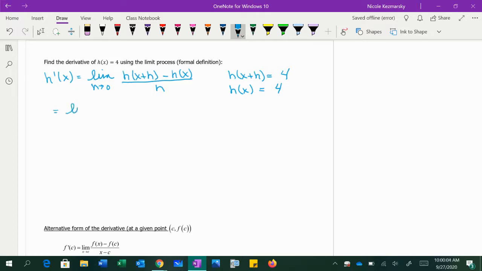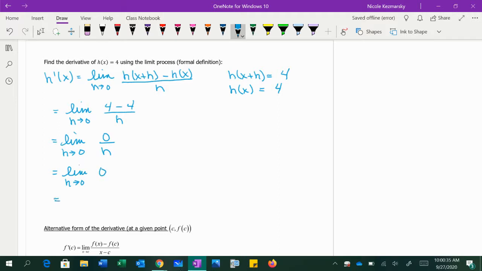So this becomes the limit as h approaches 0 of 4 minus 4 over h. Well, 4 minus 4 cancels out, just like we've had stuff cancel in previous examples. So that gives me 0. There are no h's to factor out, but 0 divided by h, 0 divided by anything, is going to be 0.